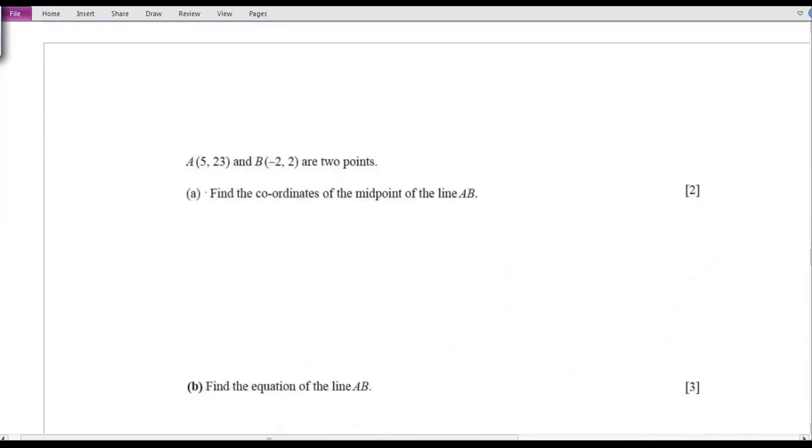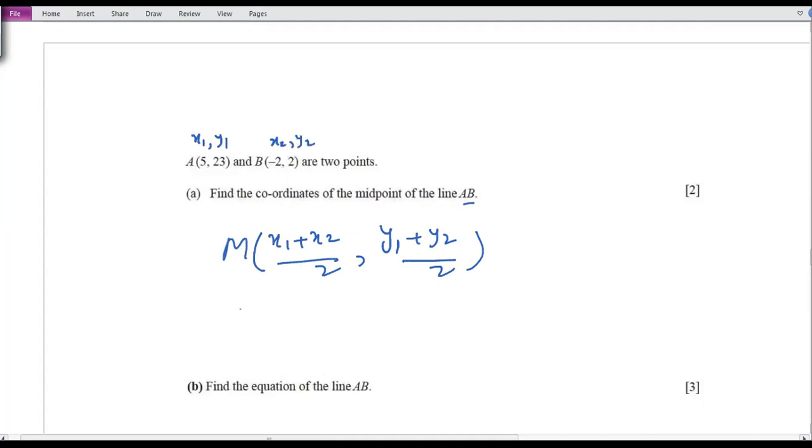Now next, 2 points are given and you are asked to find the coordinates of the midpoint of line AB. How will we find the midpoint? Let's say M is the midpoint. You know the midpoint is always x1 plus x2 over 2, y1 plus y2 over 2. So you can say this is x1, y1 and this one is x2, y2.